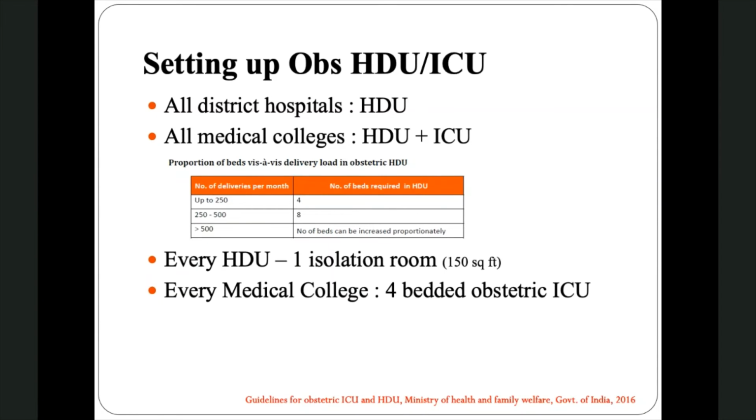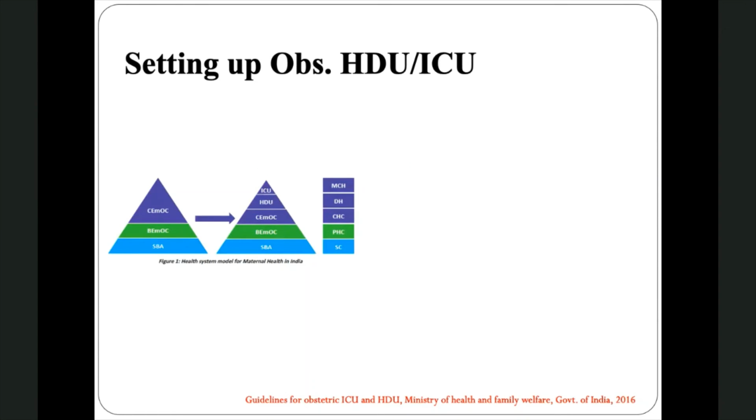All district hospitals should have HDU. All medical colleges should have both HDU and ICU. Every HDU should have one isolation room for patients who have infection or any communicable disease or are positive patients. And every medical college should have a 4-bedded obstetric ICU. So this is the setup.